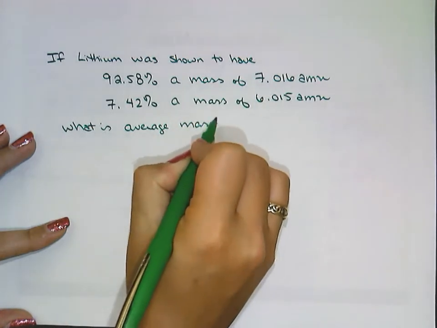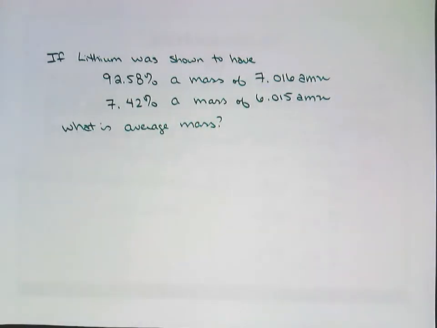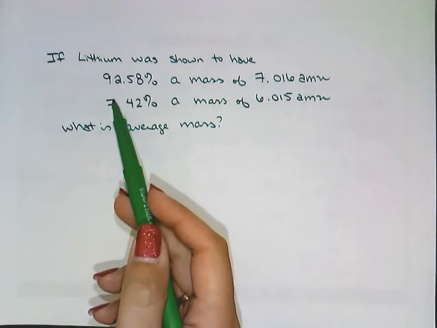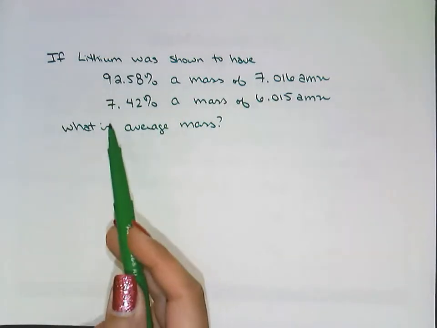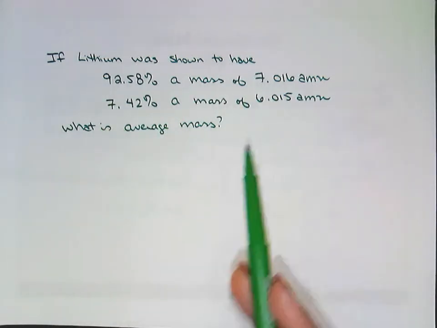What is the correct average mass for lithium? So before you start looking at the percentages and the masses, what should it be close to? 7, right? Because 93% of the time it weighs 7, and about 7% of the time it weighs 6. So we would expect an answer close to 7.